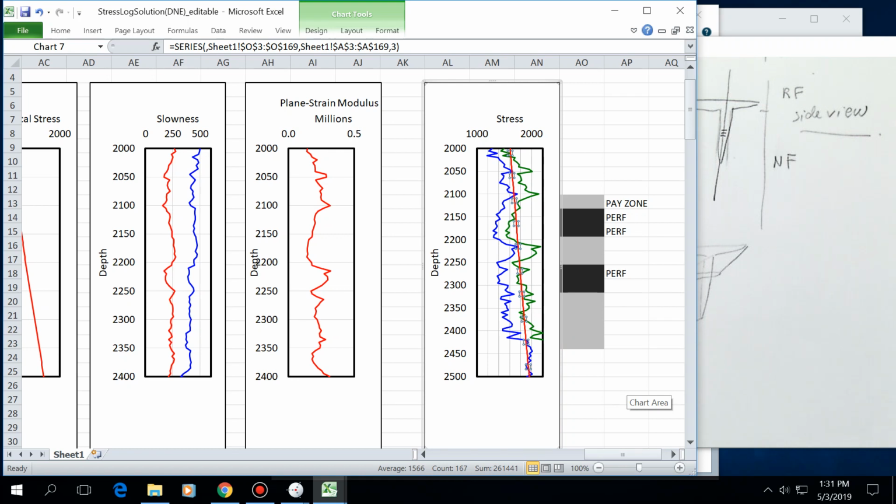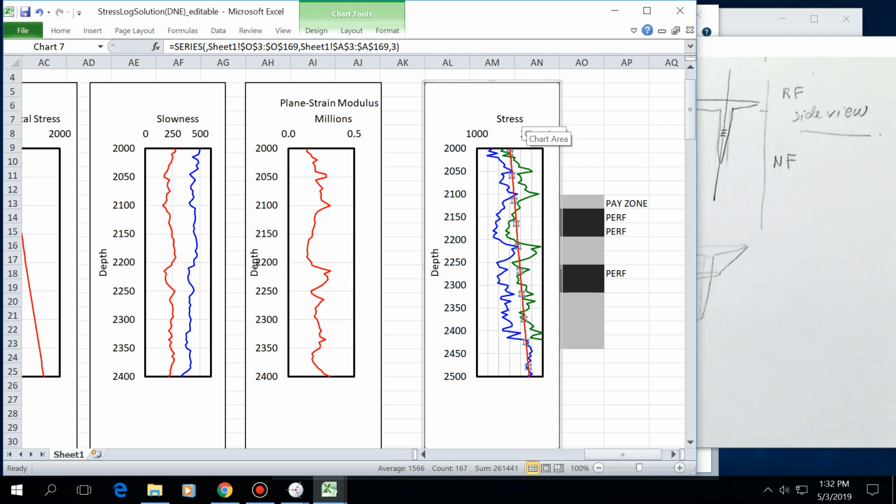It may not be super accurate at this point, but you have to know what are the implications of the variation of stress with that. And if I gave you something in the stress log which is already calculated, you should be able to interpret that. Okay? So basically this is the end of that homework.